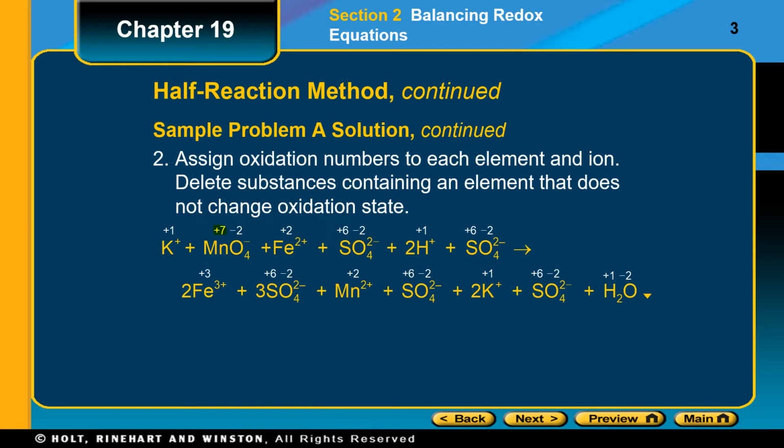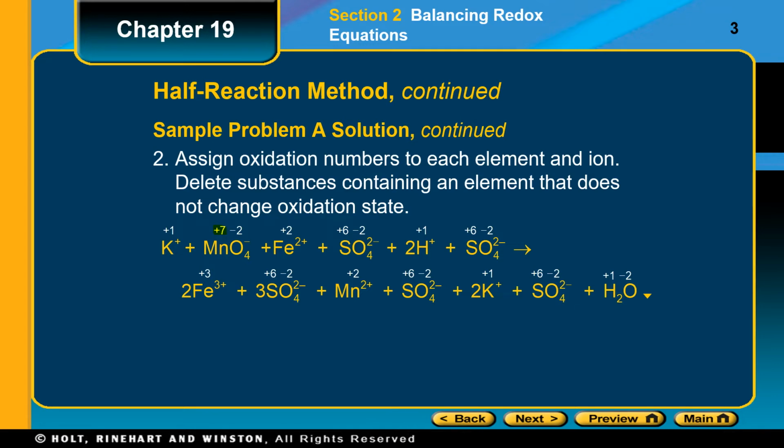Okay, iron's a +2 over here. Each oxygen's a -2. There are 4 of them, that's -8, and it has to add up to a -2, so that means the sulfur in sulfate has to be a +6. Each hydrogen's a +1.